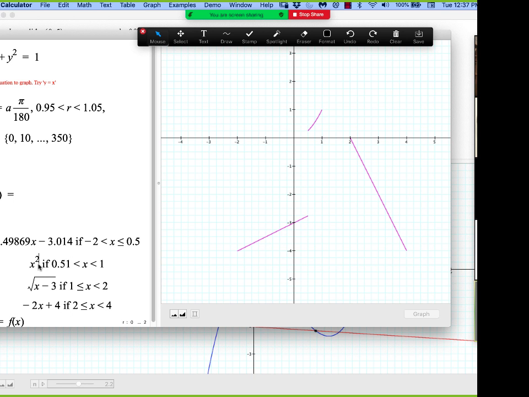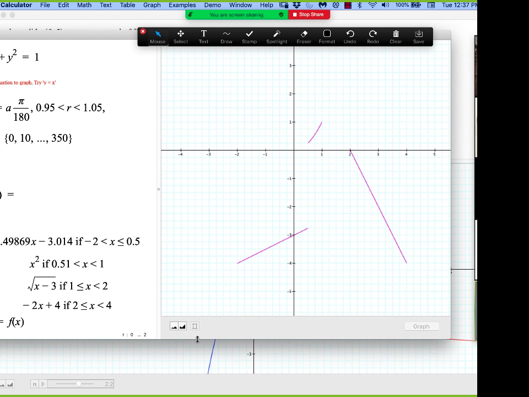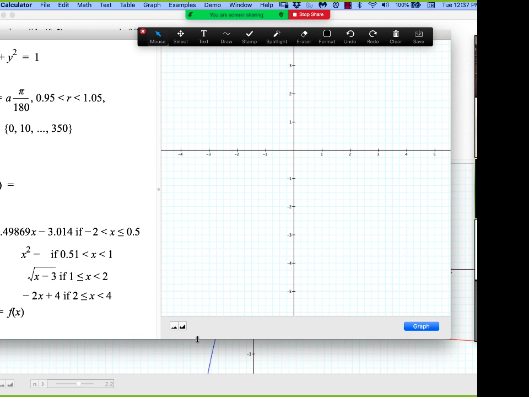So what can I do here? How can I change this so that when I replot it, that parabola is going to attach right onto that exact same y value right there? I can do something really, really simple to this x squared function. Any ideas? x squared minus f of 0.5.